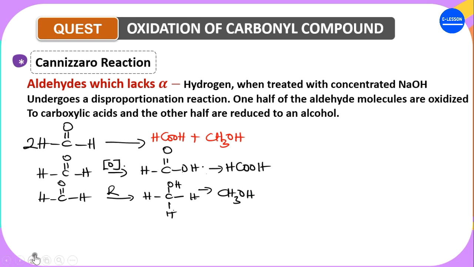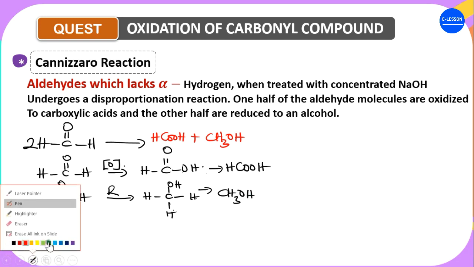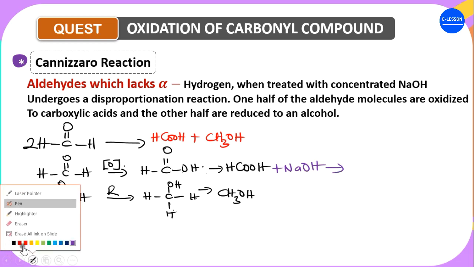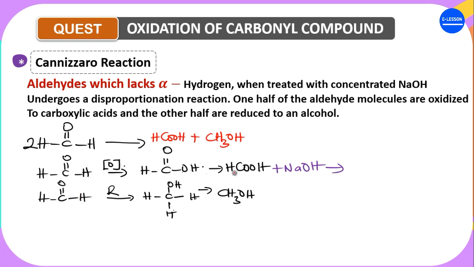Now, in most cases, you will not always form formic acid. Reason being that the sodium hydroxide that is used for the reaction will react with this formic acid to form the salt. So what will be the product?